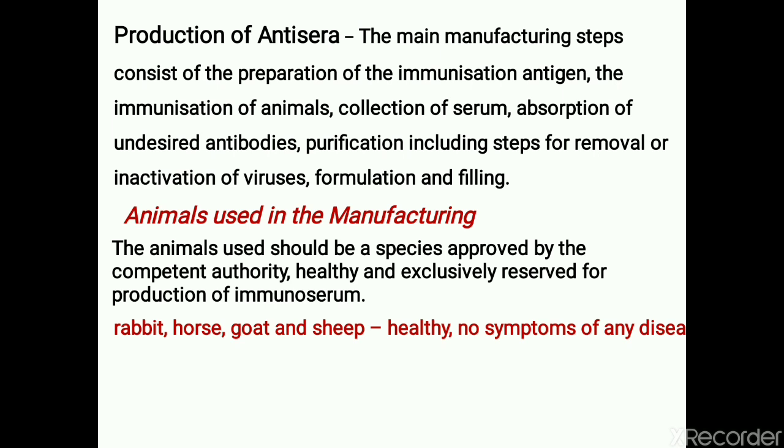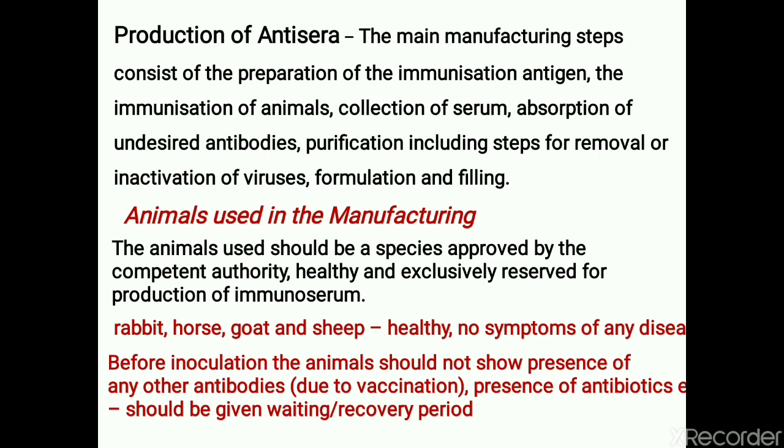All these experimental animals should remain healthy. They should not show any symptom of the disease. Before the inoculation, the animals should not show the presence of any other type of antibodies that may cause contamination of the final preparation.